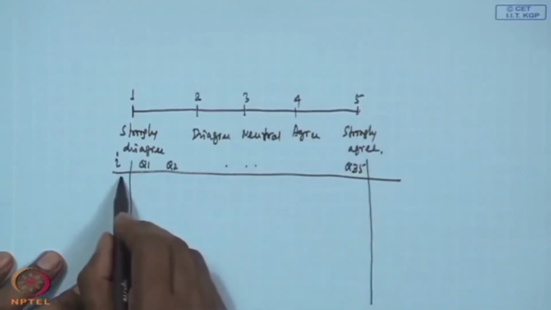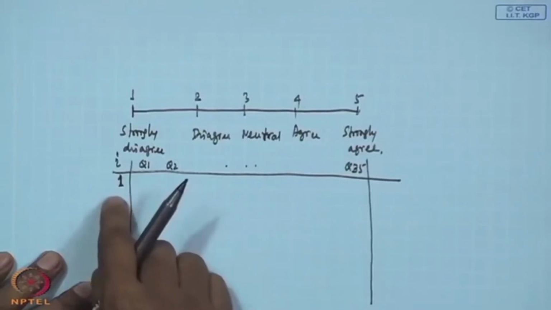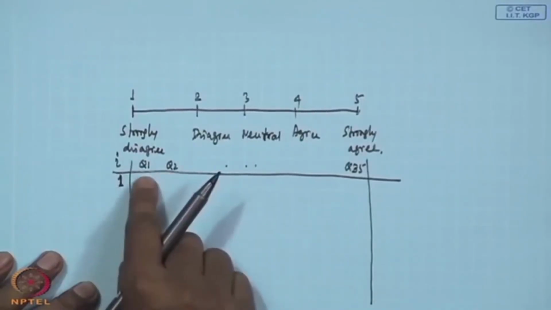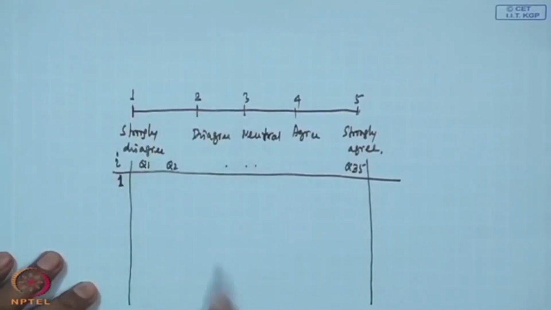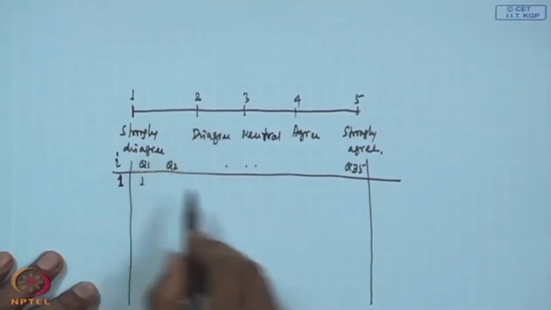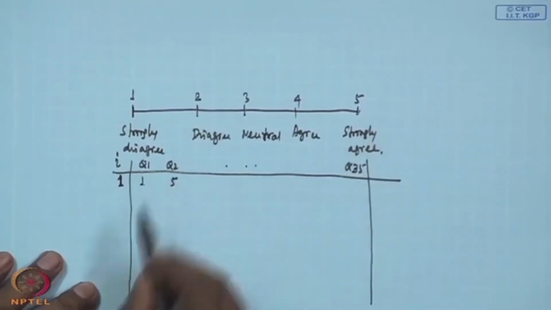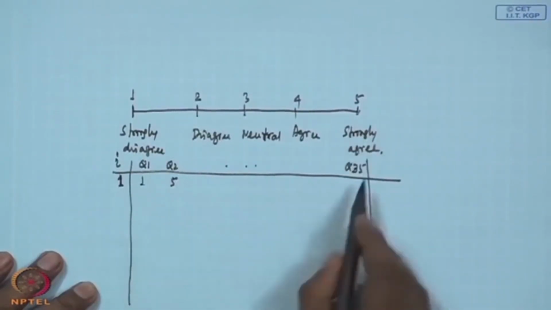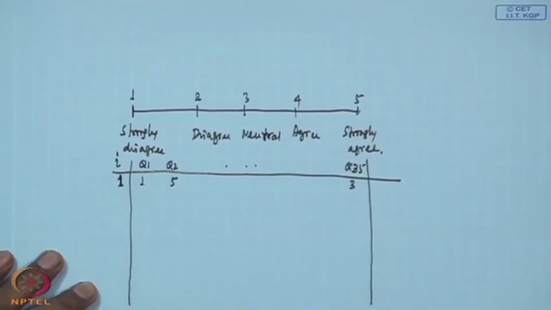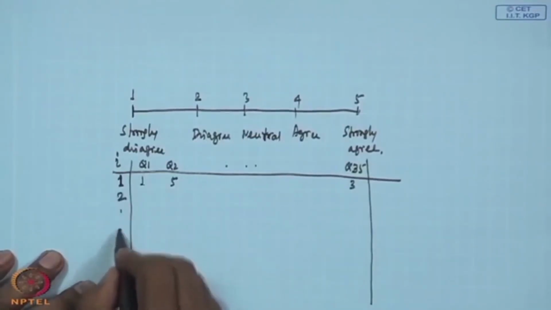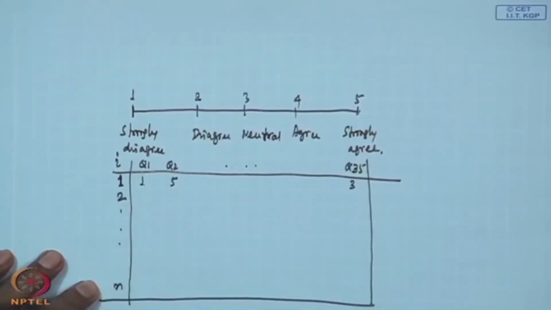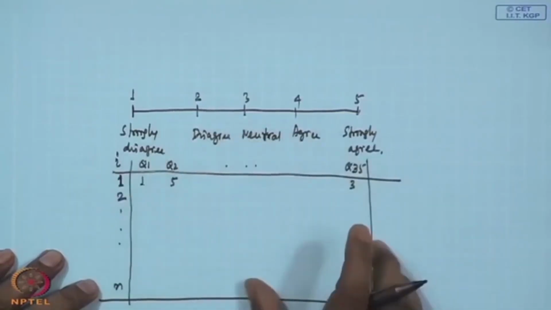Suppose for the first question he completely disagrees, then the value will be 1. For the second question, suppose he completely agrees, then the value will be 5. Similarly, for the last question he may be neutral, neither agree nor disagree. So the value will be like this. In this manner, suppose n persons were asked the 35 questions and they have given their responses.